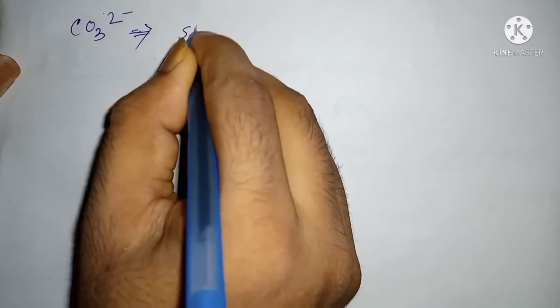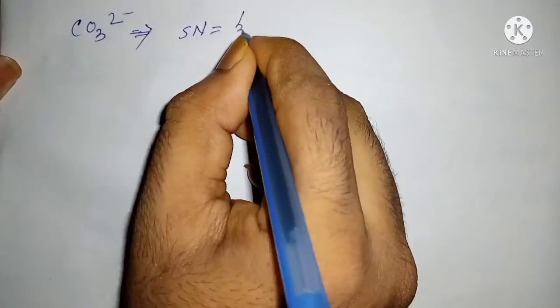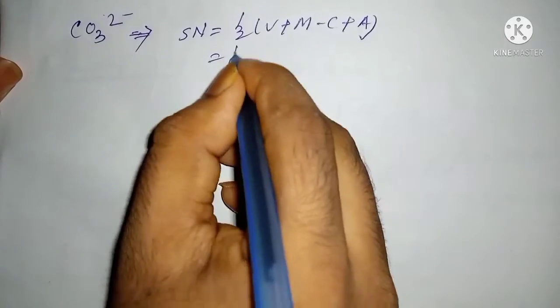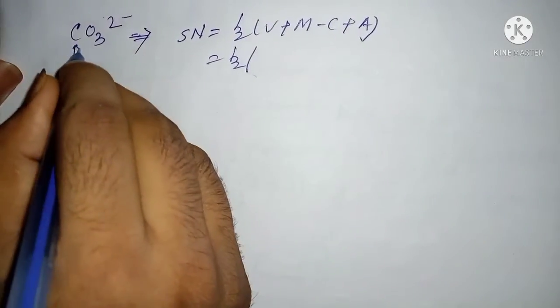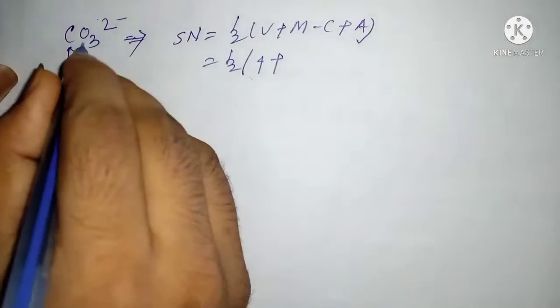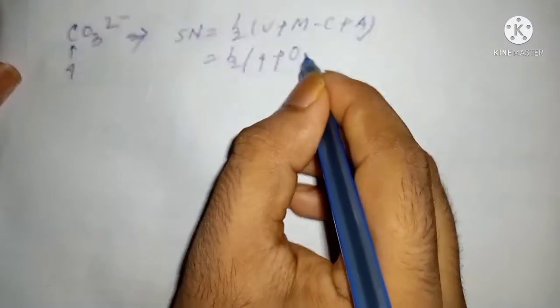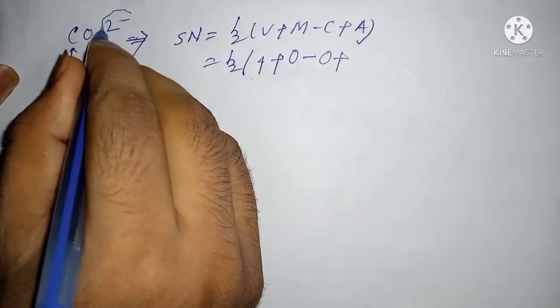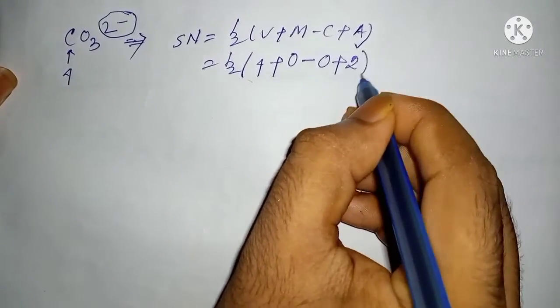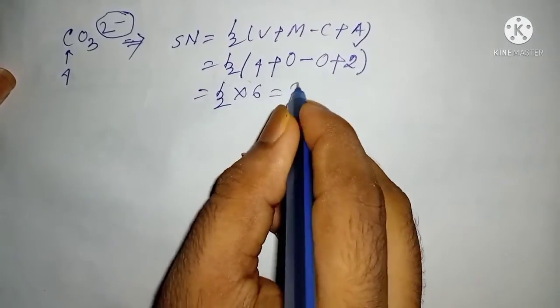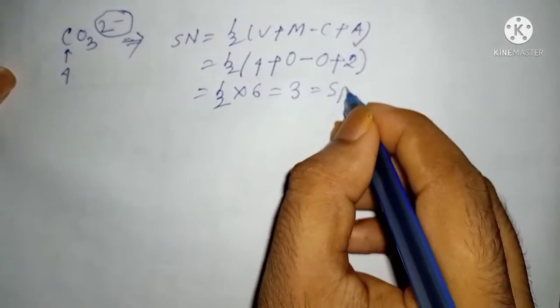First calculate steric number equals half into V plus M minus C plus A. So half into, the central atom has valence electrons 4, plus monovalent, oxygen is bivalent, so this is 0, minus cationic, no cationic charge, but anionic charge is 2, so plus 2. So half into 6 equals 3, so this is sp2 hybridization.